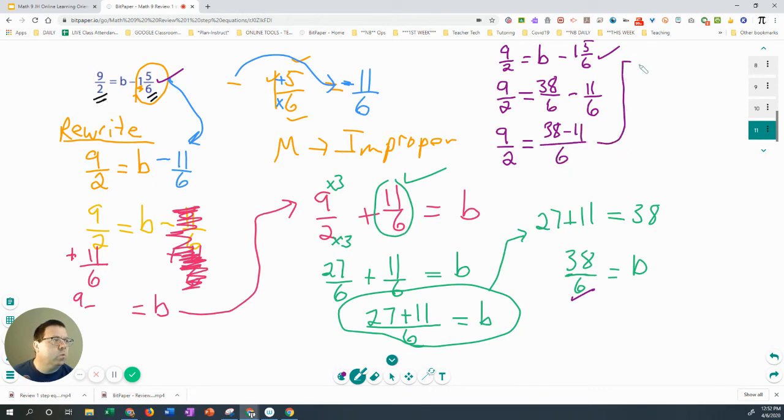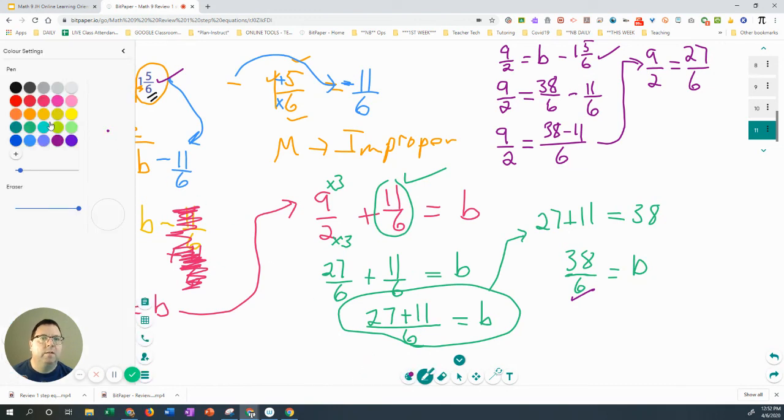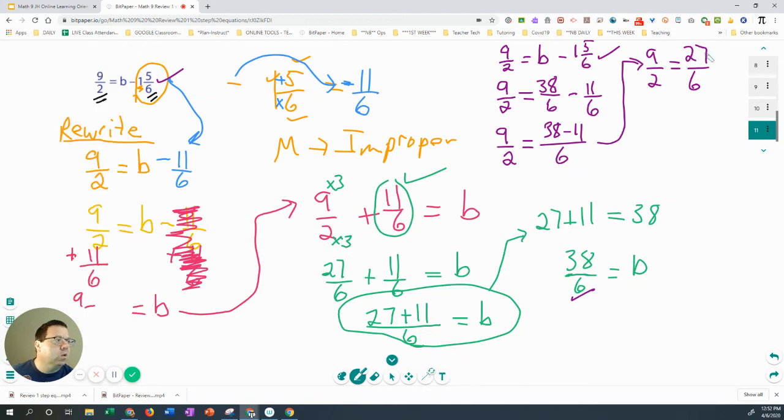Let's continue up here. 9 over 2 is equal to 27 over 6. Now let's make a comparison about reducing here. Let's go back to a little bit of this green. Now look, what number both divides into 27 and 6?